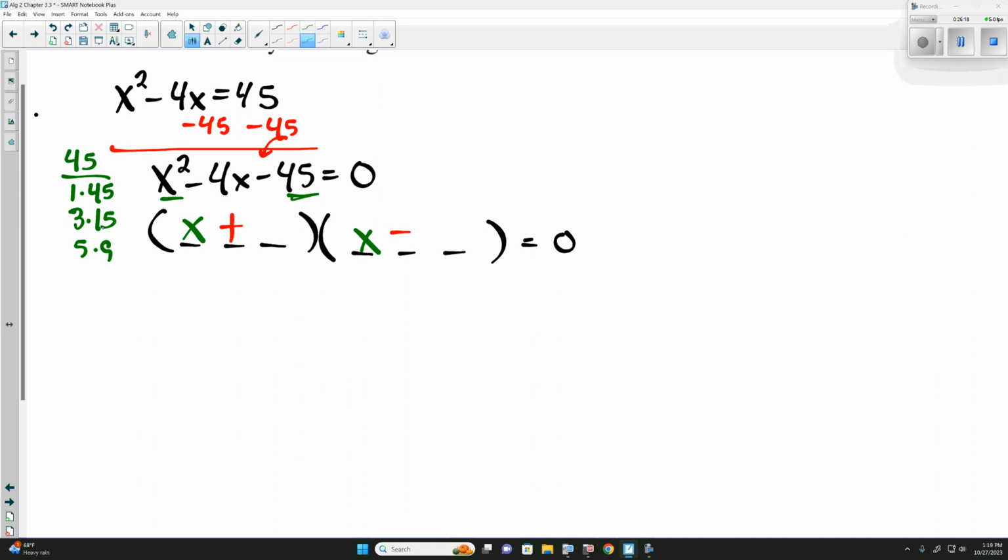Which one do we want to try first? Okay. Then we can check our middle term. x times negative 15 is negative 15x. Positive 3 times positive x is plus 3x, which gives us negative 12x.